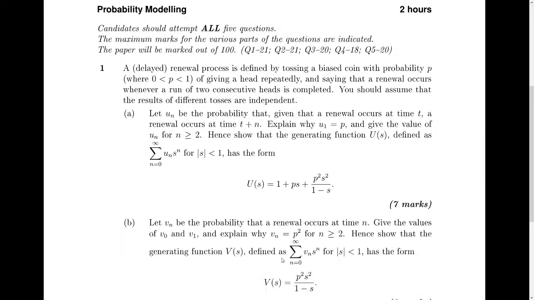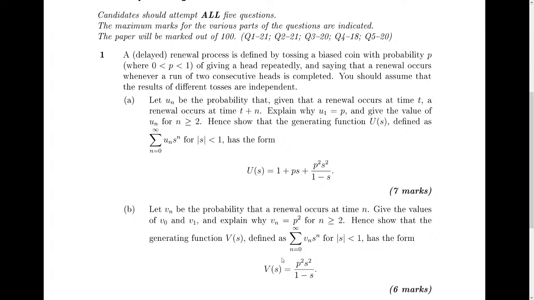All right. Question 2. Now Vn is the probability that there's a renewal at time n, and we don't care about conditioning on having a renewal before. Again, we're asked to find v of s. You'll notice that v of s is like u of s, but it's been stripped of the first two terms.